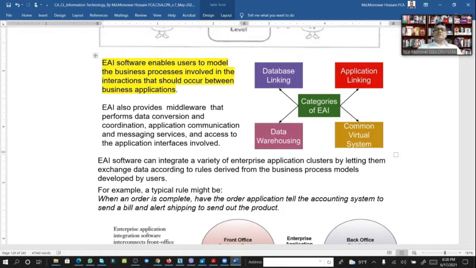These are all categories of EAI, and it also provides middleware, performing data conversion, coordination, application, etc.